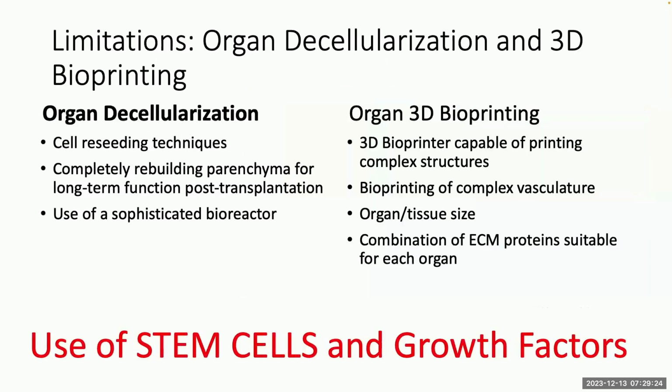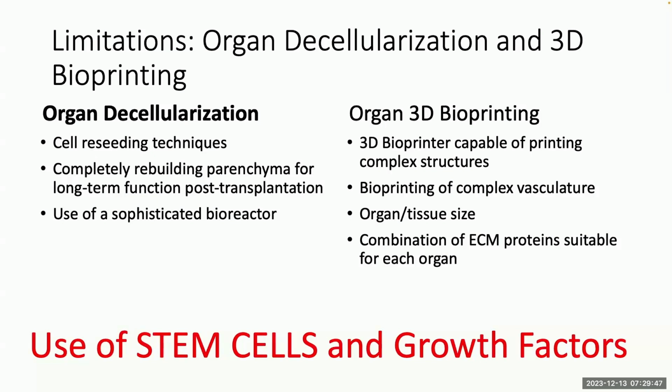But each of them has limitations, as everything does, right? For organ decellularization, we're still working on the cell seeding techniques. We haven't been able to completely rebuild the parenchyma of some of the organs. We have to use sophisticated bioreactors, and that could be costly.